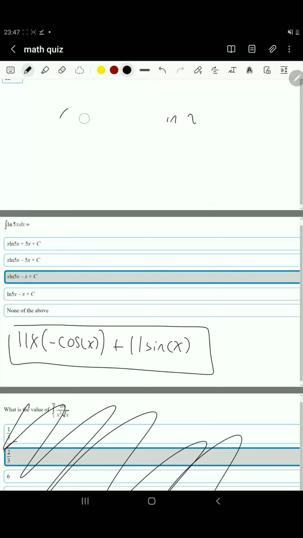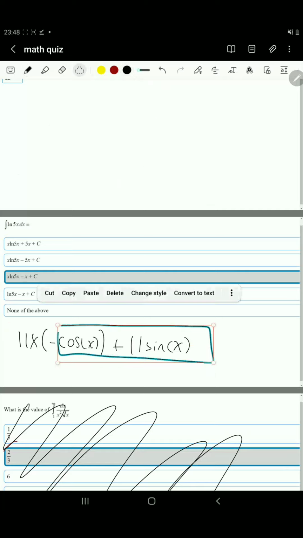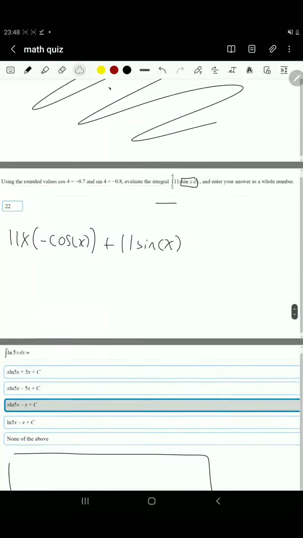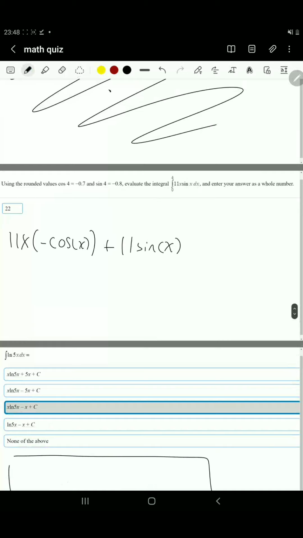So what happens now is we just substitute the values. You integrate from 0 to 4. When you input 0, this becomes a 0, and this becomes a 0. So the lower limit evaluates to 0. The upper limit, you put a 4. 4 multiplied by 11 is 44.